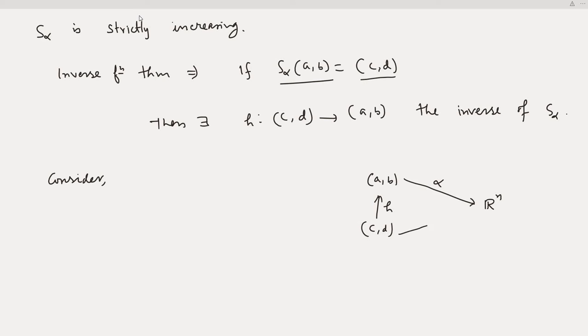Now consider beta equal to alpha composed with h.